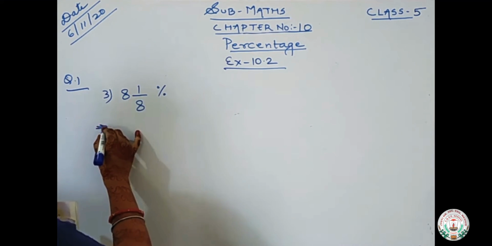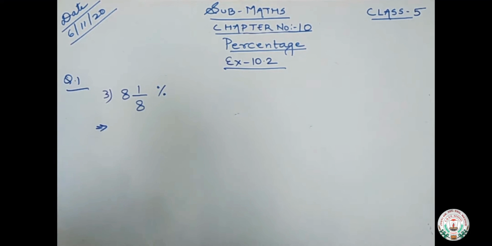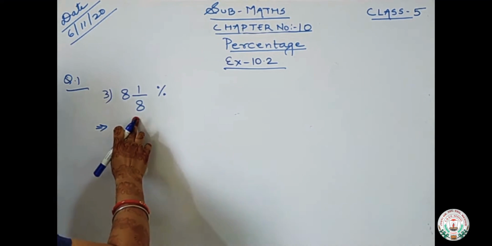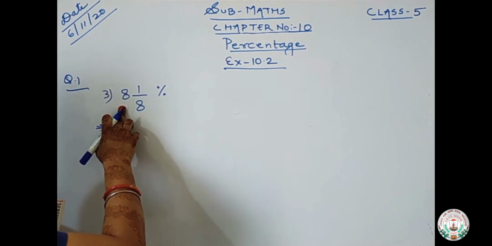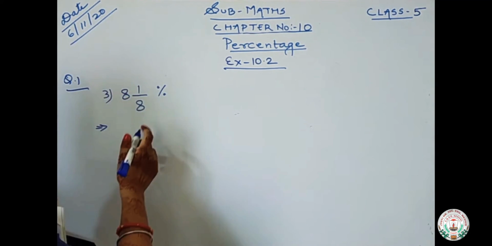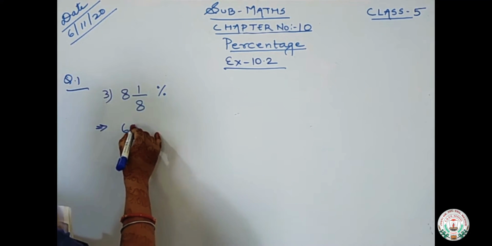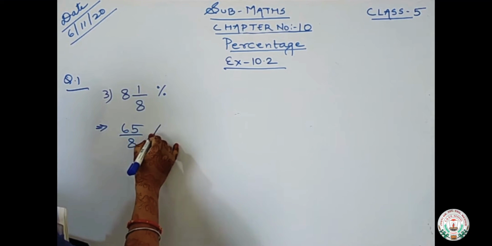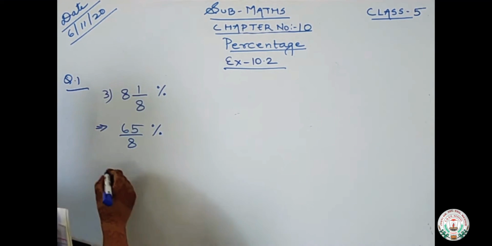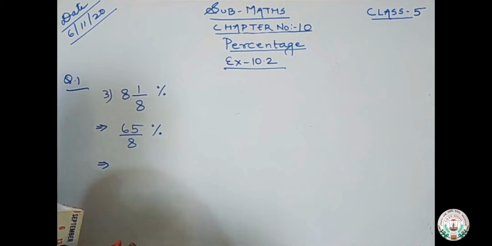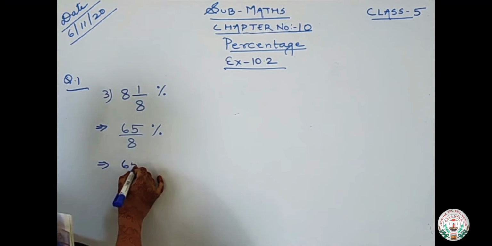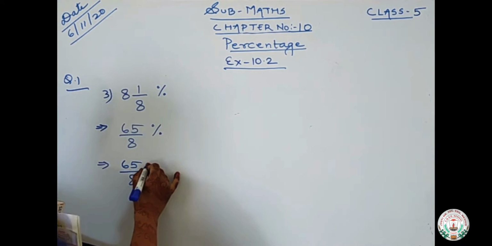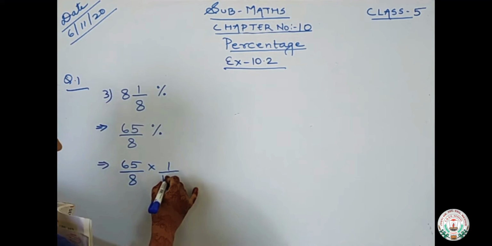So children, whenever you get a mixed number, the first step is to change this mixed number into an improper fraction. 8 eights are 64, 64 plus 1 is 65, so 65 by 8 percent. The next step is, in place of percent we multiply with 1 upon 100: 65 by 8 into 1 by 100.